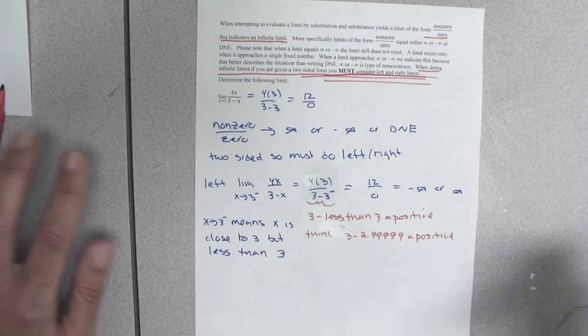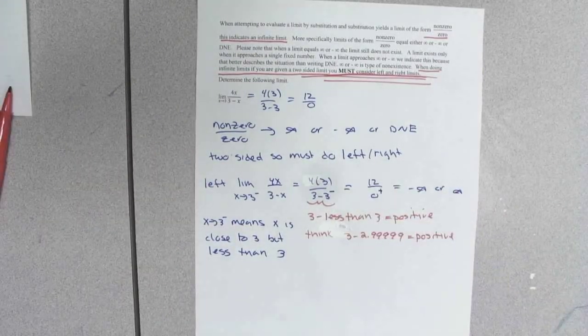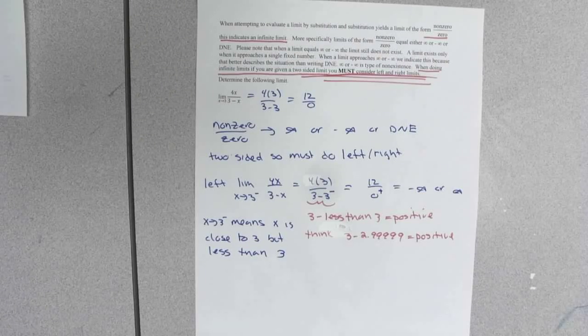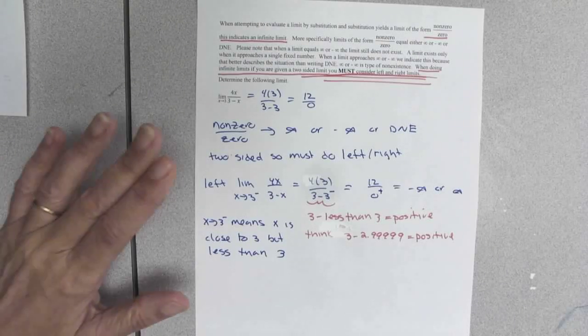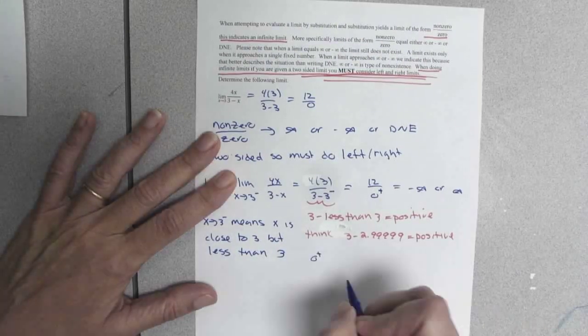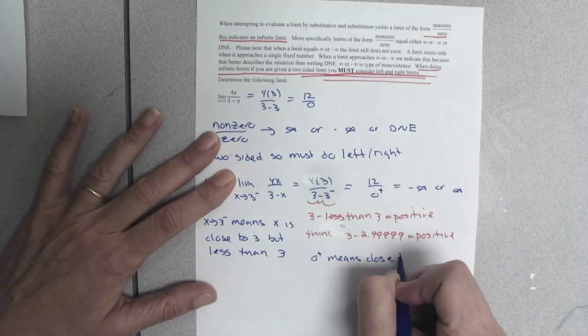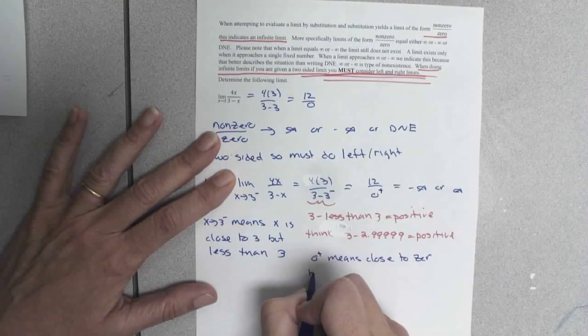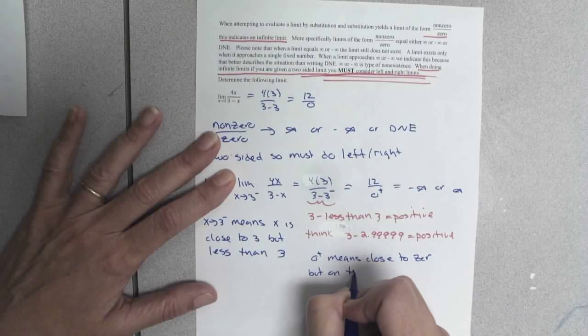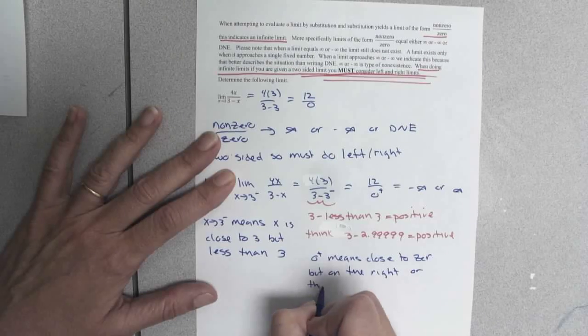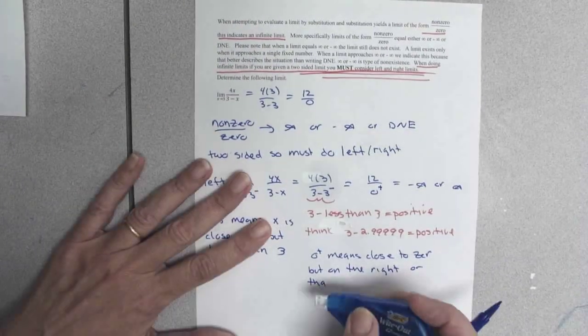So then this becomes, and this is my own little notation, you're not going to see it anyplace else, 12 over 0 to the right. That symbol, 0 to the right, means close to 0, but on the right, or that is for positive.